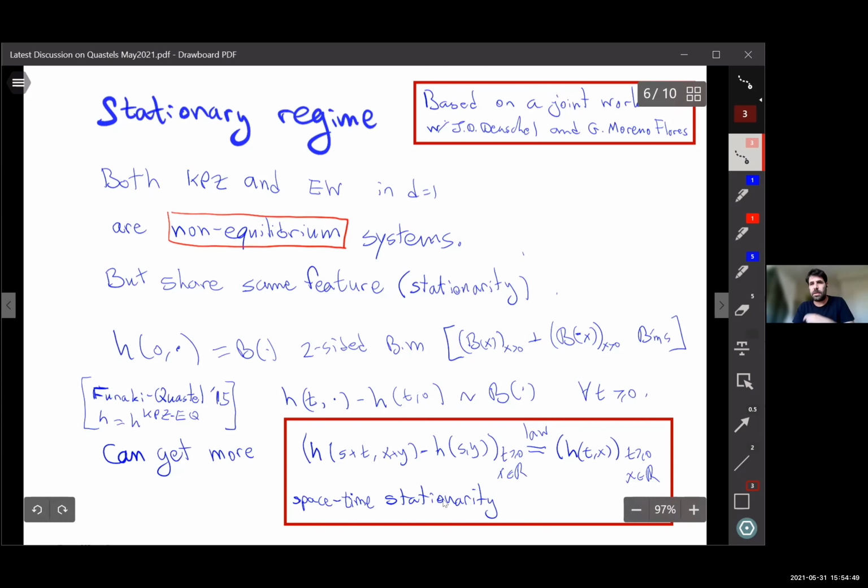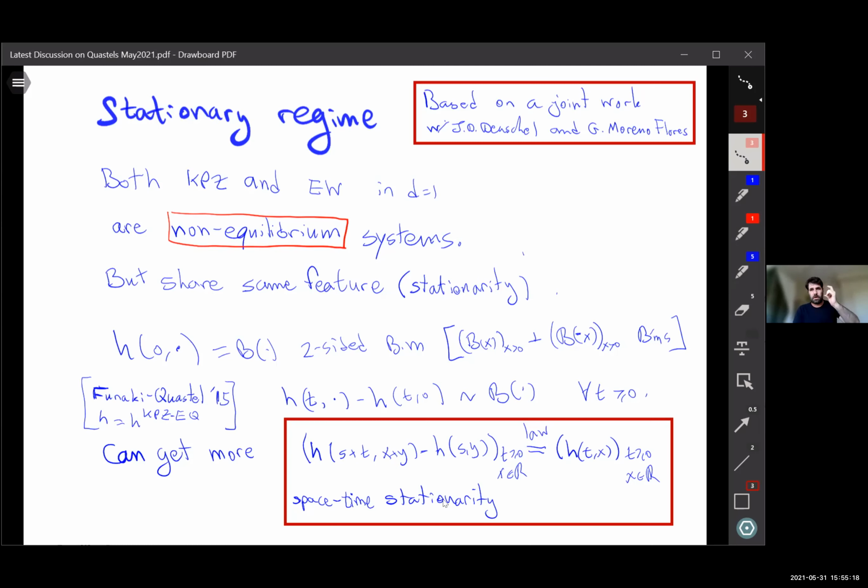I don't have a lot of time to explain it. I just want to mention, this is also related to Quastel's talk from before, that what is nice about these models, as Jeremy mentioned, is that they are invariant under two-sided Brownian motion, but they are not in equilibrium. By stationarity, we mean that essentially the gradient or the differences are stationary. If you want, the two-sided Brownian motion is invariant, but you don't know what is the value at 0.